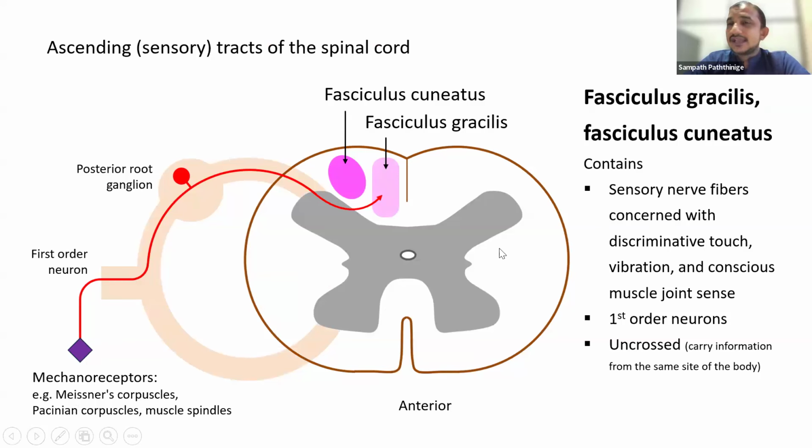And they carry a higher order general sensation: proprioception, vibration, discriminative touch, right? That kind of general sensory information needs a bit higher discrimination, so those go in the posterior column, right? And remember, they carry the information from the same side of the body because they are uncrossed neurons.